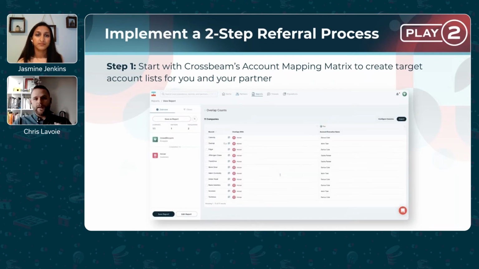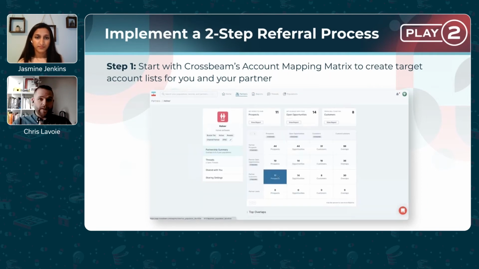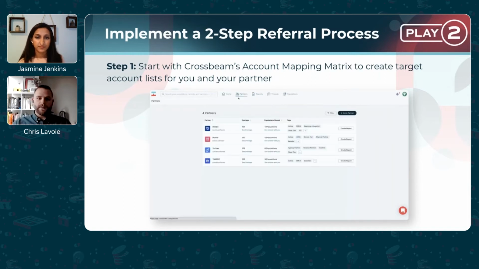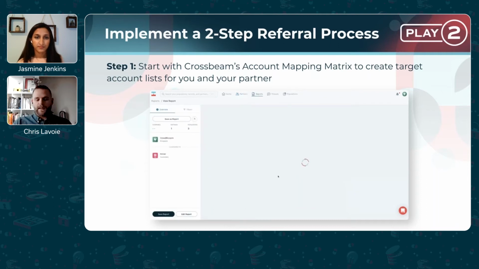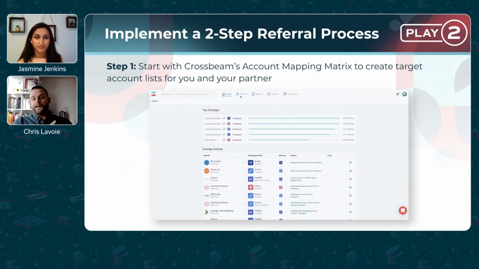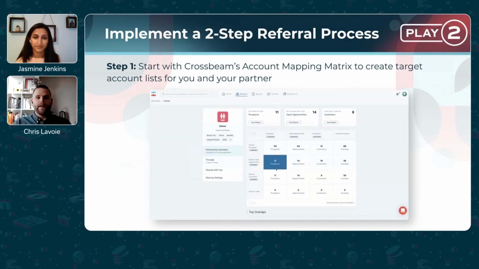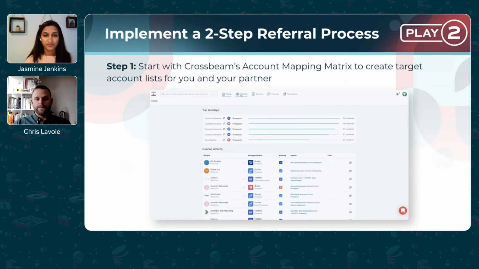So maybe we want to only target people in North America that are doing greater than 10 million in gross merchandise value, that are on Shopify Plus, right? We have such an enriched CRM with our HubSpot instance that it makes it really easy for us to translate that into Crossbeam in the exact same way. To again, take a list of say 1,000 customers of our partners and drill that down to a list of 10 that are really qualified and a good fit for us to be speaking with.